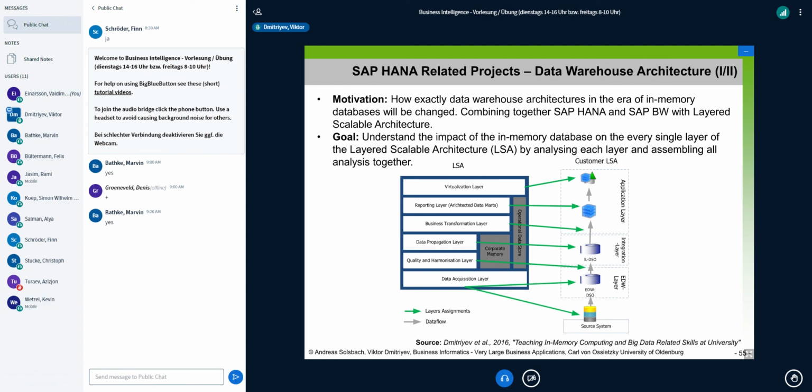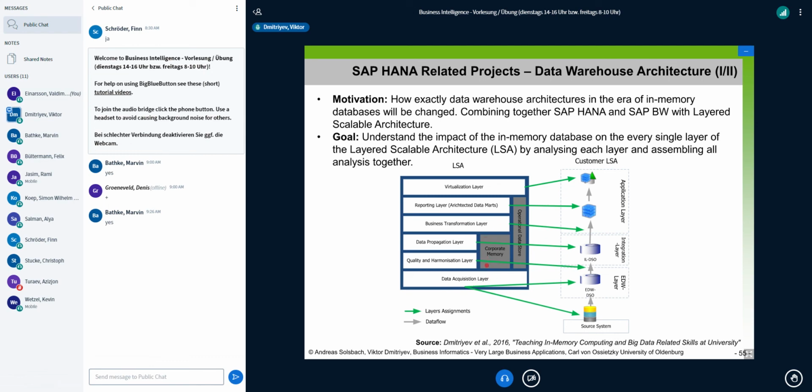2 weeks ago, Michael spoke about the layered scalable architecture of SAP. So this is how it looks on the left side. You have basically different layers: visualization layer, reporting layer, business transformation layer, data propagation layer, quality and harmonization layer, data acquisition layer.